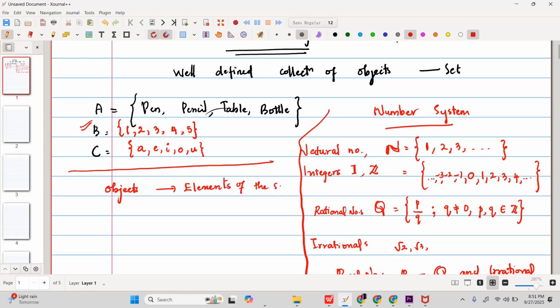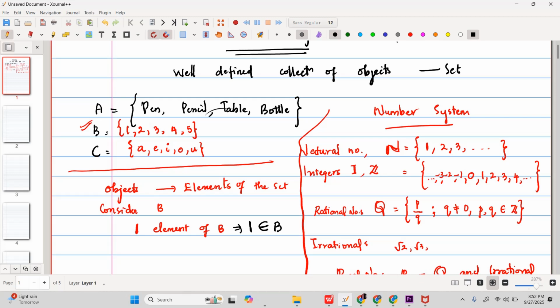So if I am considering the B set, and 1 is an element of B, it can be expressed as 1 element of B, which is represented by this kind of symbol.